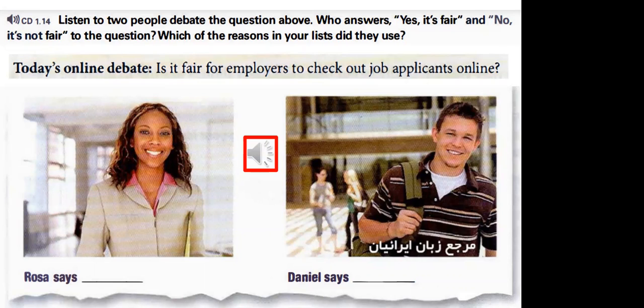Employers basically want people who will fit in. After all, what you do online shows your true personality. But your online profile is private information. So you think it's private? On the contrary, if I can see your profile by looking online, it's not private, it's public. It tells me things that I won't see in an interview. Yes, but what you see on social networking sites is not the whole person.